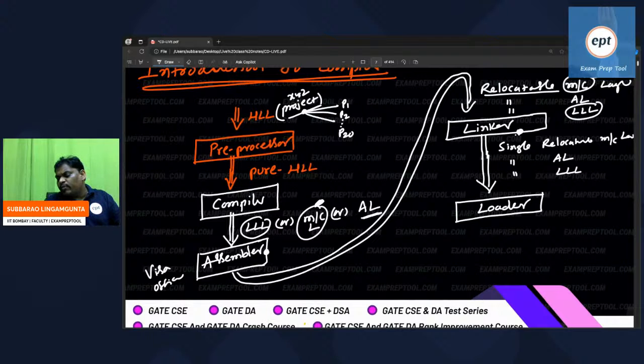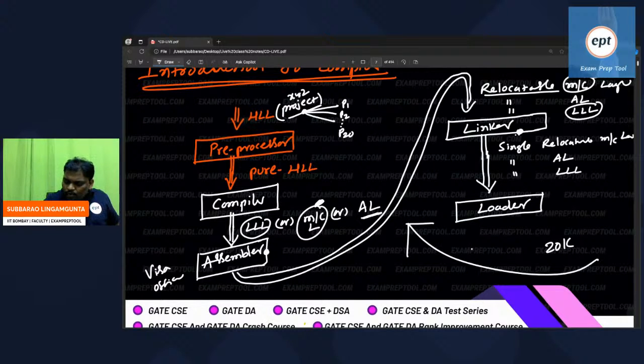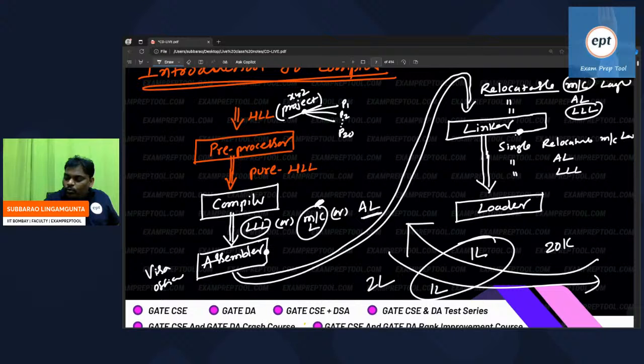Again you have to book the flight from US to India. So for a 20K phone, going to the US 1 lakh, coming back one more 1 lakh, total 2 lakhs you have to spend for a 20,000 phone. So it is better to go after linking.